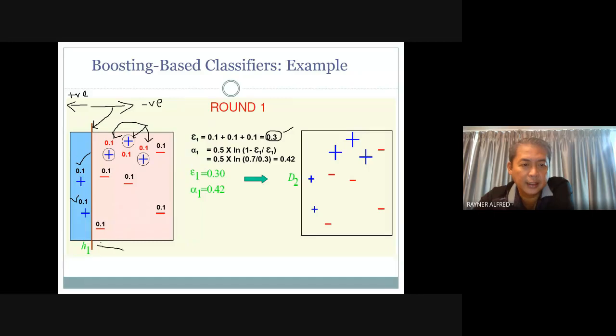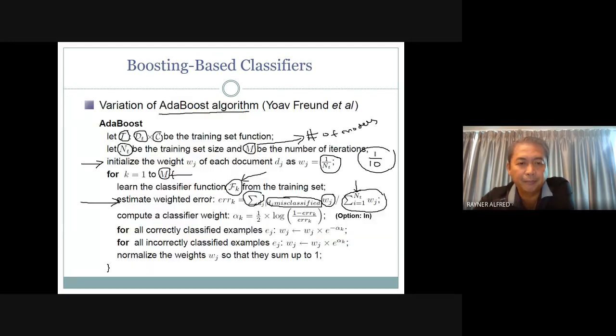Since this is partition using model 1, we could compute the weightage for this by computing the next one, which is the alpha. Okay, so how do we compute the alpha here? This is computing the classifier weightage.